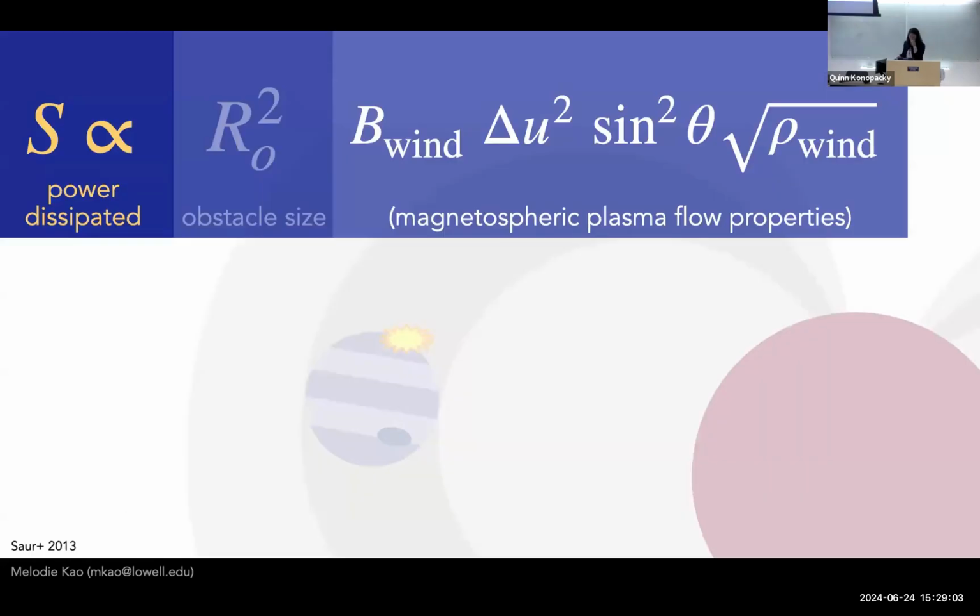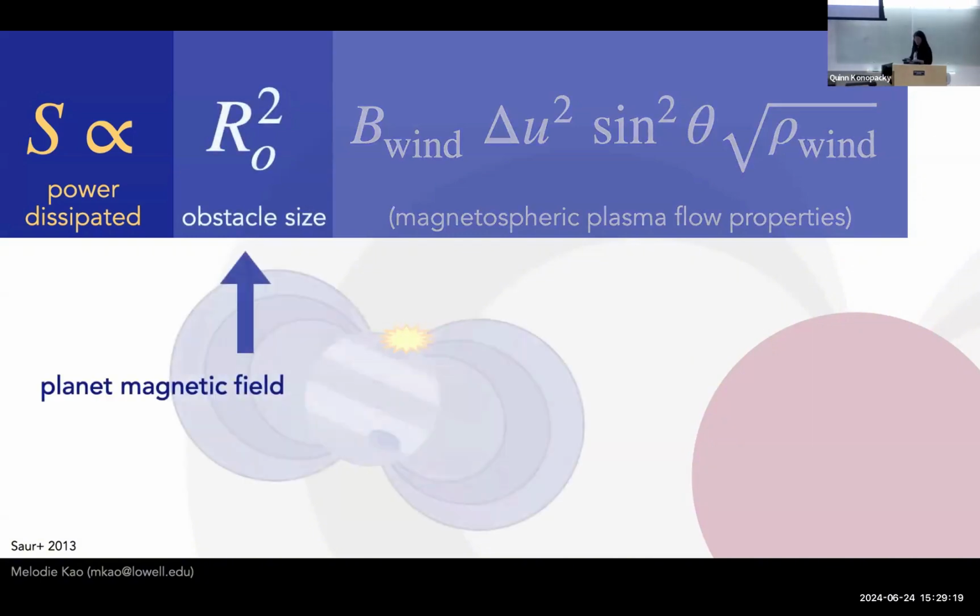Now, in addition to the frequency, the flux density or the power of these emissions also matters. And it depends on properties of the stellar wind and also the size of the obstacle.